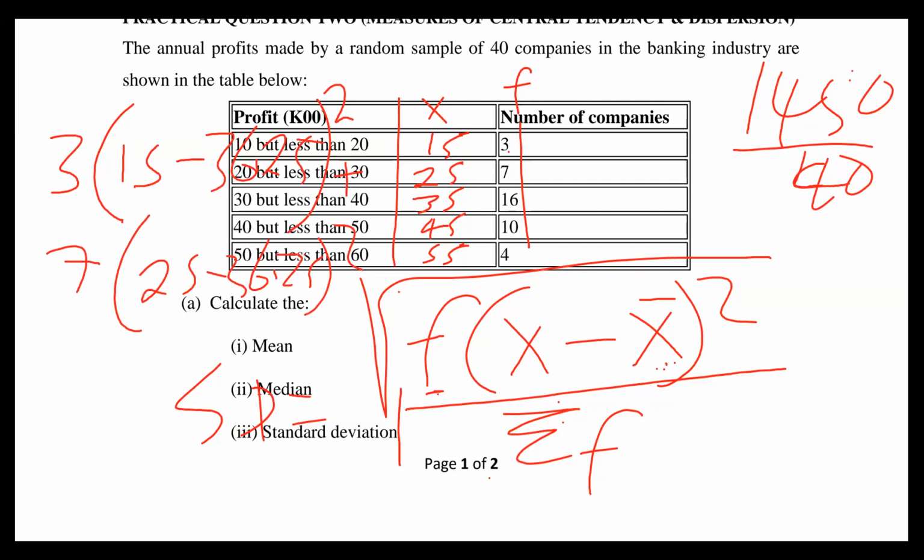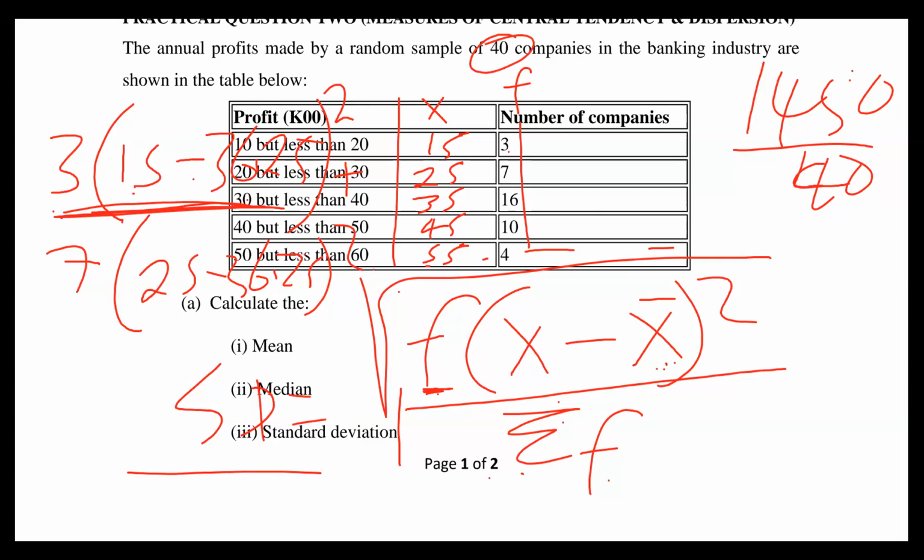When it comes to commanding the calculator, you command it exactly the way I have written here. And then the denominator will be the summation of F. We know that when you sum all the frequencies, they add up to 40. So your denominator will be 40. Whatever answer you find, you square root it. That is how you find the standard deviation. Is that clear? So the formula says you start with frequency times X minus X bar, the mean, you square that.